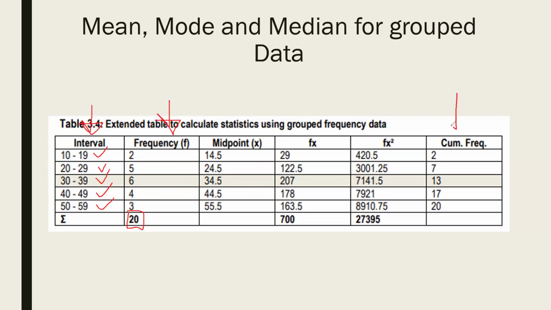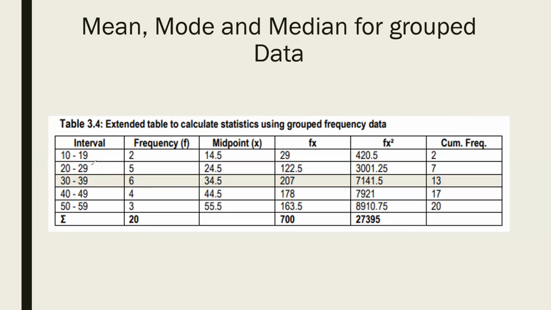And then we talked about this extra column when we were talking about the cumulative frequency table. But for the sake of calculating the mean, mode, and median the longer way, you now need three more columns: the midpoint, the fx column, and the fx squared column. So I'm going to explain what each does.